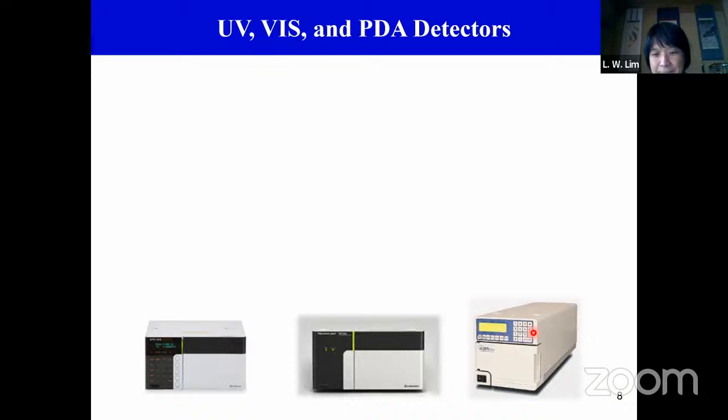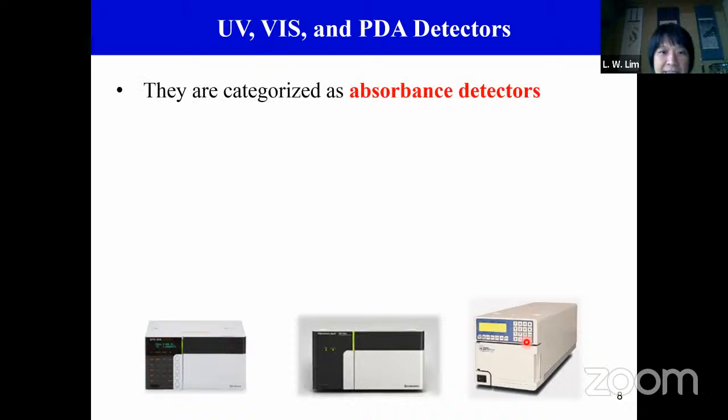Jasco first started their business in spectrometry, so they are very strong in selling a lot of different detectors. Usually we buy this detector from them. It's cheaper compared to Shimadzu, so we buy the cheaper one. Jasco has the blue color like this. This is the usual one we have in our lab.